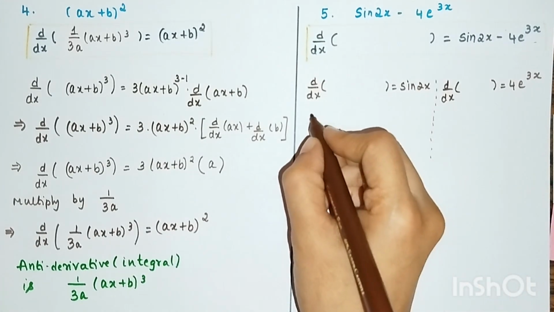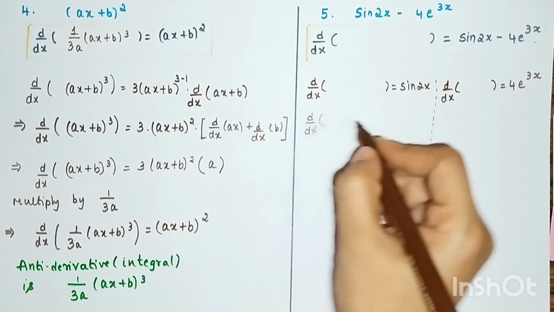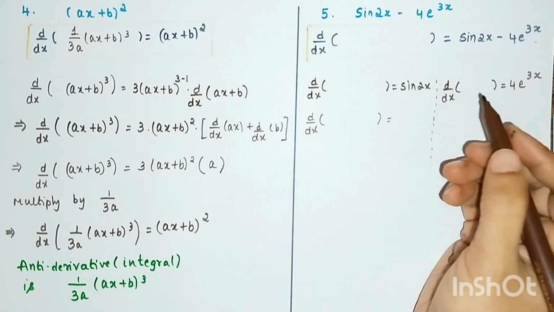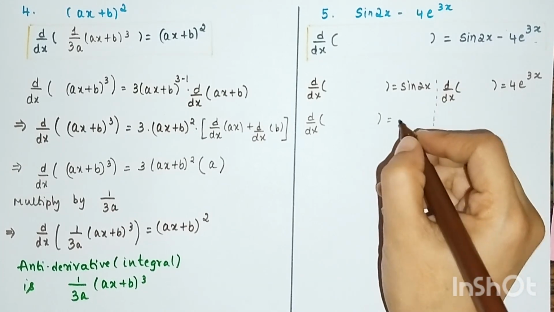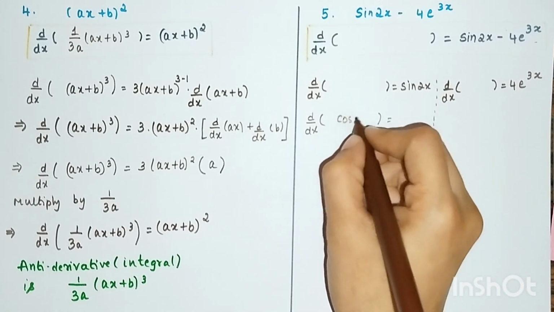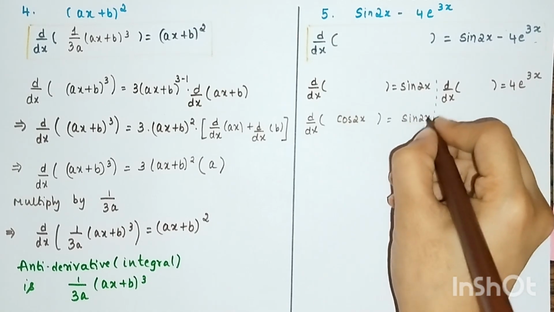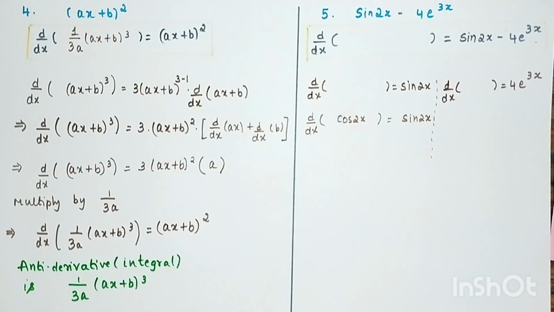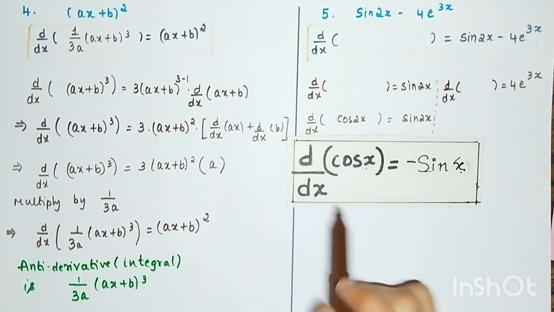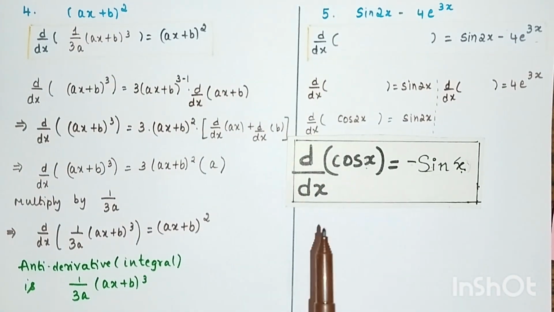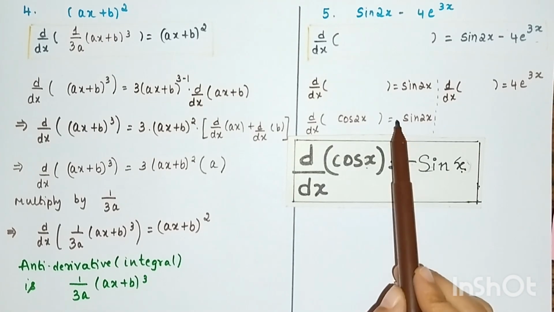So which function, if you differentiate, will give you sine? That is cosine. So cos 2x. If you differentiate cos 2x, you will get minus sin 2x, because the derivative of cos x is minus sin x. But we have to write plus here.